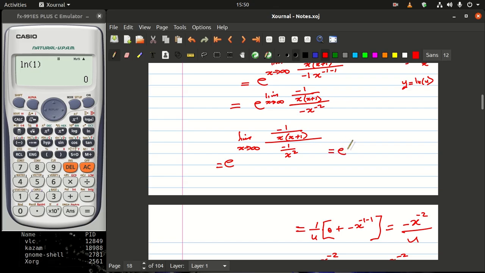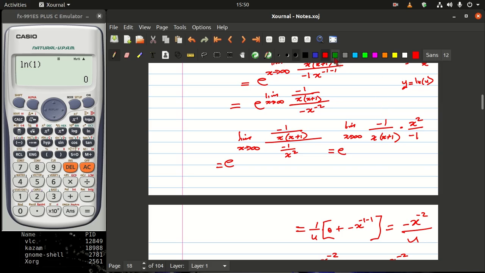Now I'm having e raised to the limit as x approaches infinity of minus 1 divided by x times x plus 1, times, and then I'm changing this division sign here. When I'm changing the division to multiplication, I interchange numerator and denominator. So this denominator here becomes a numerator, and this numerator becomes a denominator.